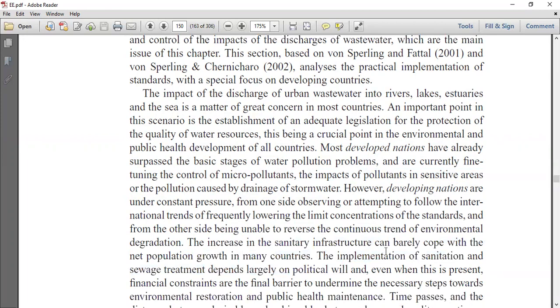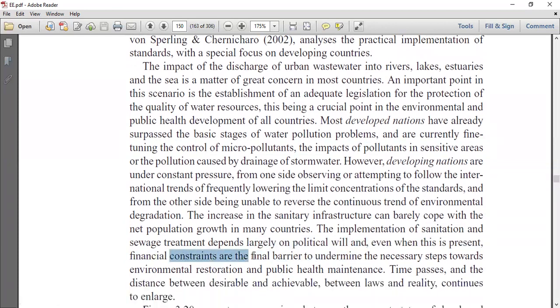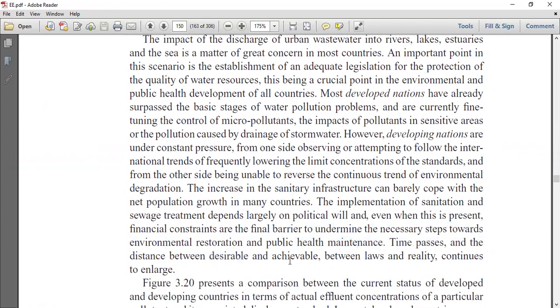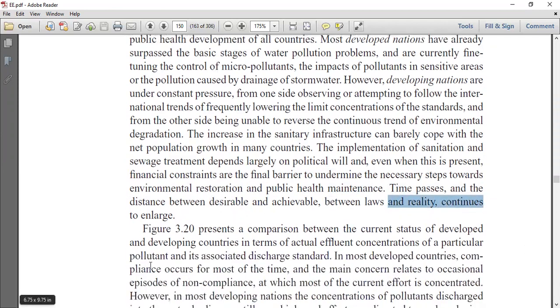The implementation of sanitation and sewage treatment depends largely on political will and even on financial constraints, a final barrier that undermines the necessary steps toward environmental restoration and public health maintenance. Time passes as the distance between the desirable and achievable, between laws and reality, continues to enlarge.